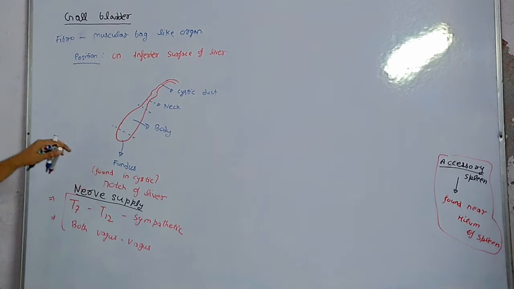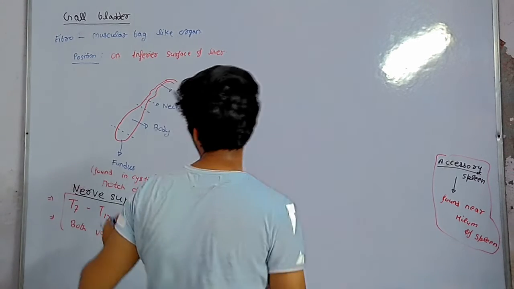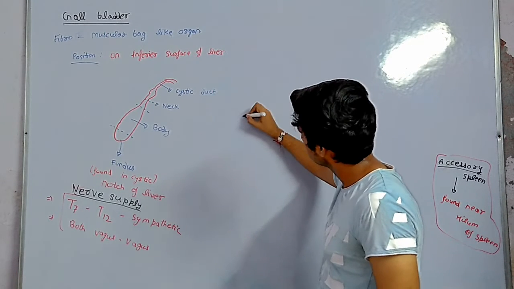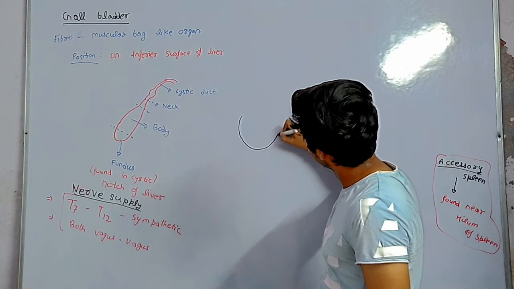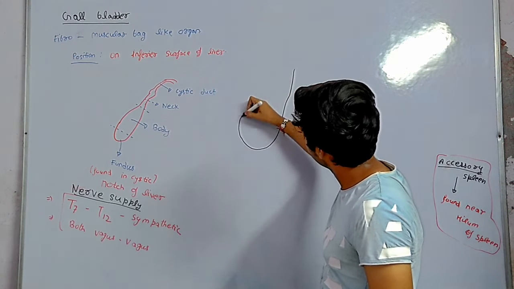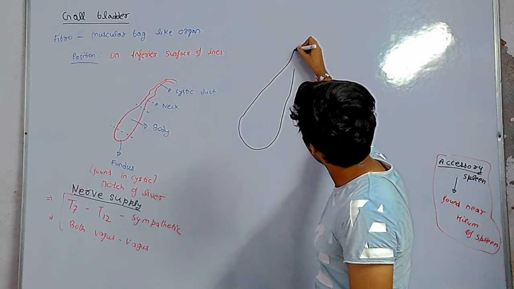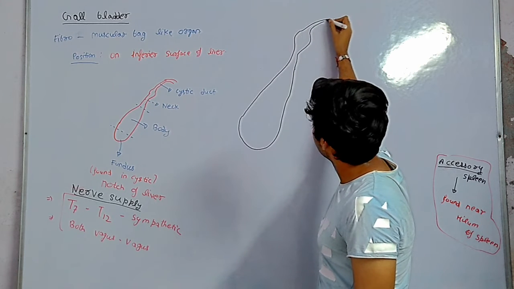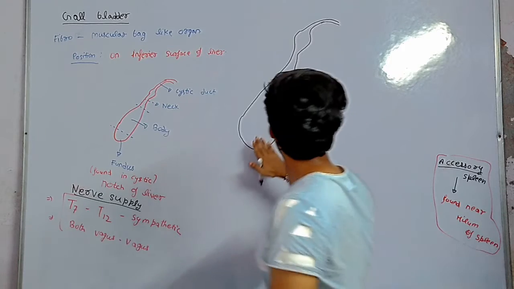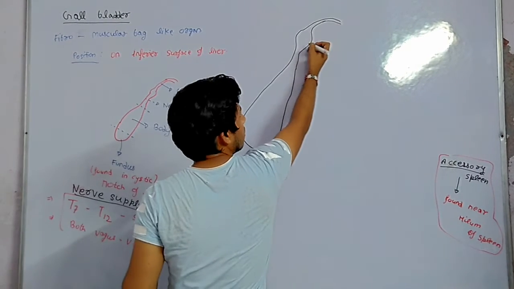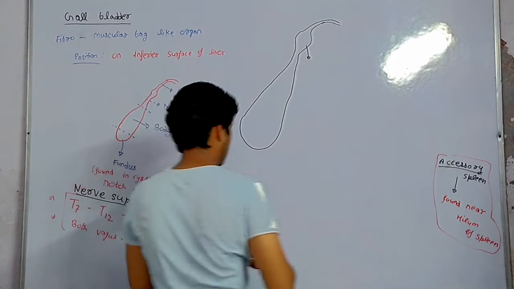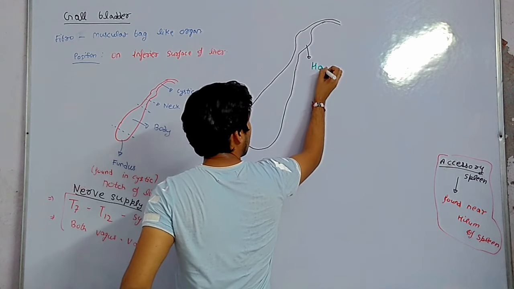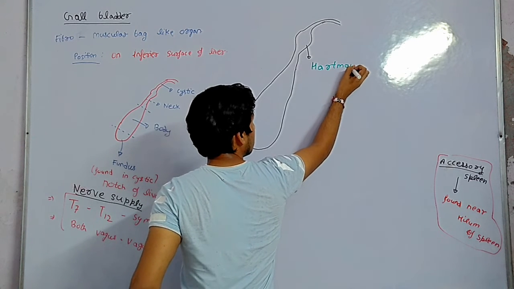Now first take their relation and their features. If we draw the gallbladder bigger, then we know the fundus and body, but what about this? This is called Hartmann's pouch.